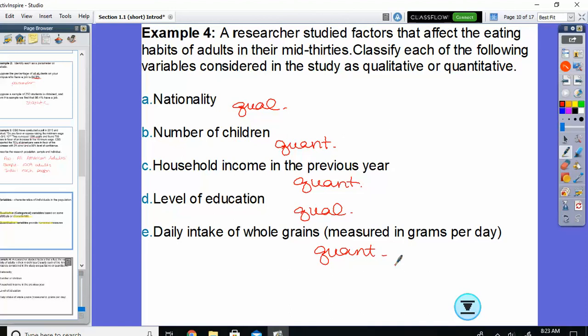I do want to warn you that sometimes you might see a number, but it's not actually quantitative data. So, for instance, if I was looking at the basketball team and I talked about your jersey number. Okay, that's a number, but why do you have a number? To differentiate between the people. So, does that actual number have a numerical meaning?